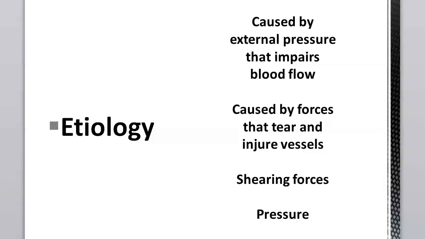And I just wanted to clarify what the term shearing forces means. Shearing forces result when one tissue layer slides over another tissue. And so within that area, there's a stretching and a bending of the blood vessels, which causes injury and thrombus.